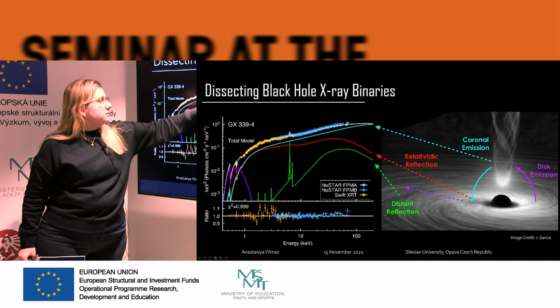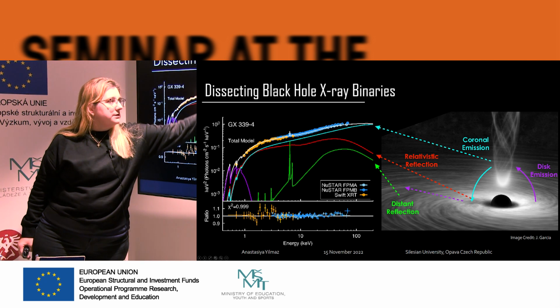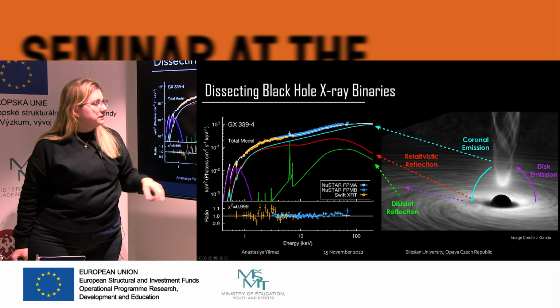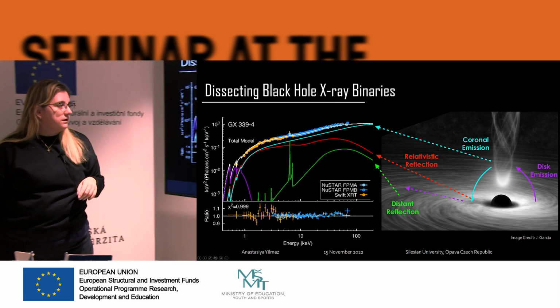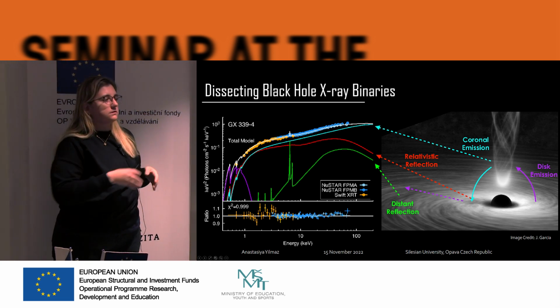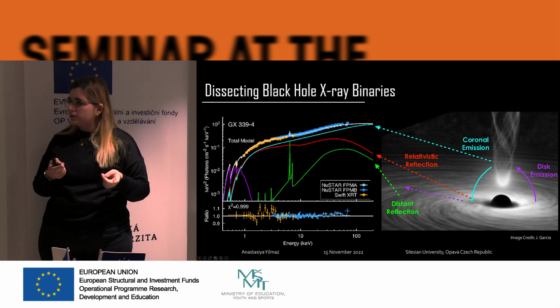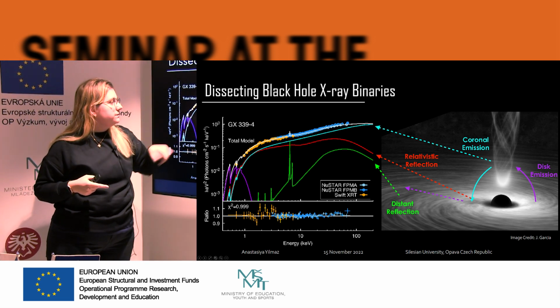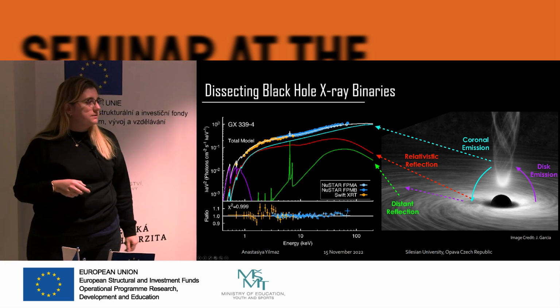When you are modeling the hard X-ray band, which is basically these two components, you also have distant reflection, which is not affected by the relativistic effects due to the gravitational potentials around the black hole. This is a little harder to model, but still it's present.